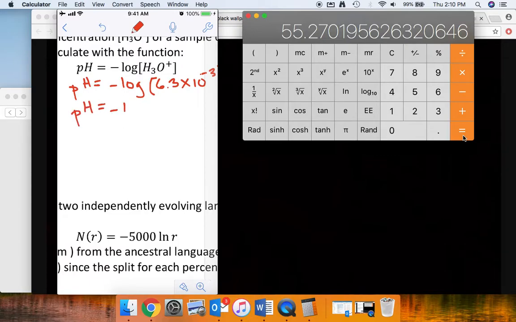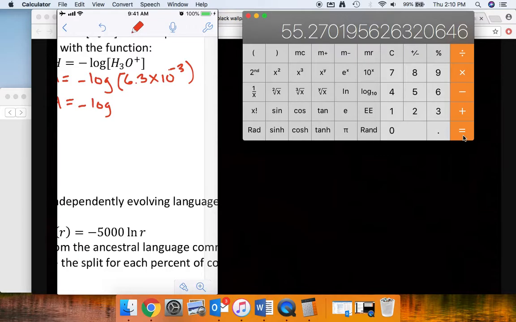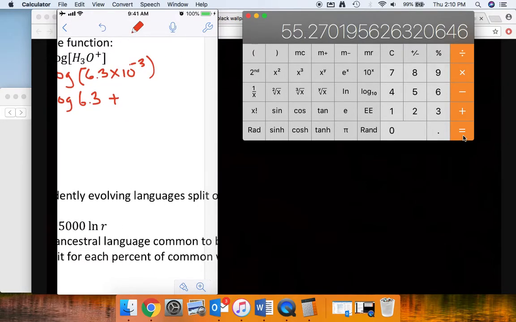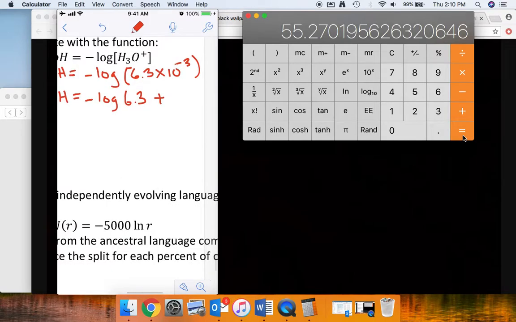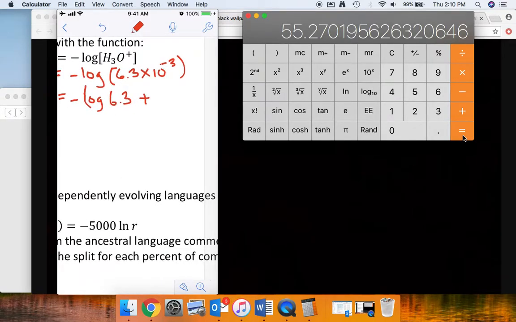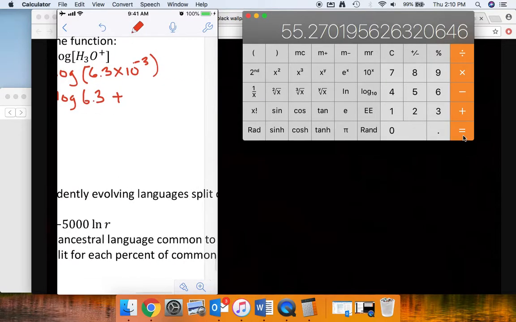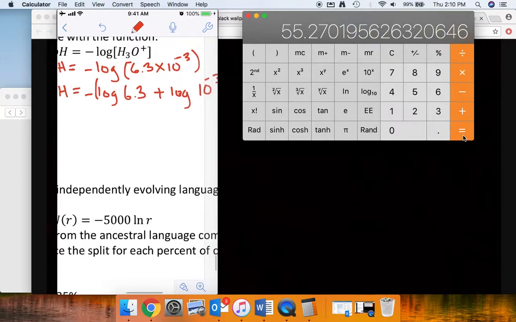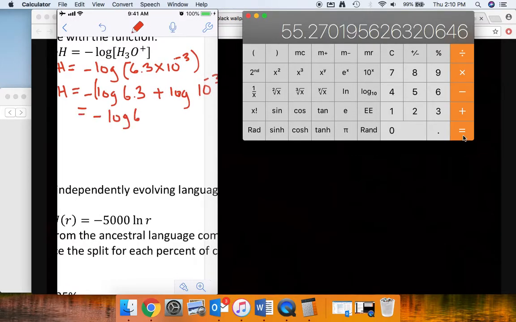So minus log of 6.3 plus, because that's what this is, 6.3 times 10 to the negative third. So I'll just go like this: a log of 10 to the negative third. That is equal to negative log 6.3.